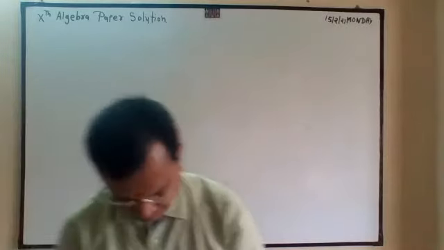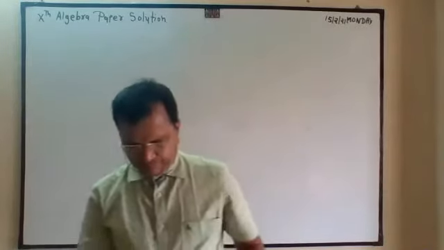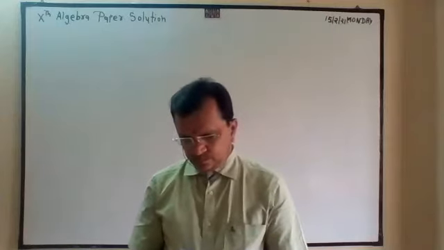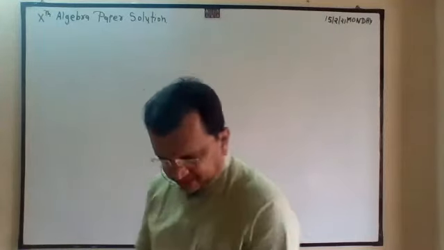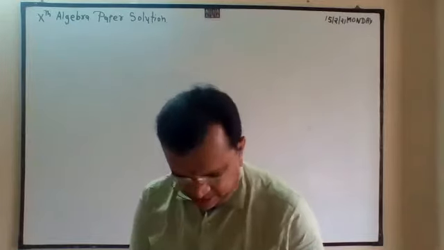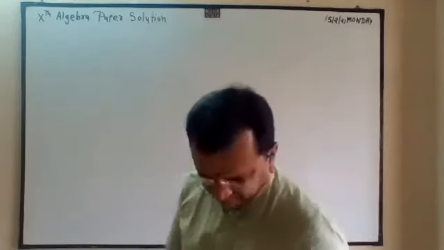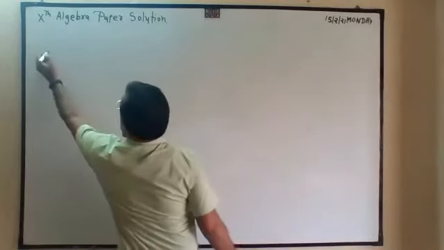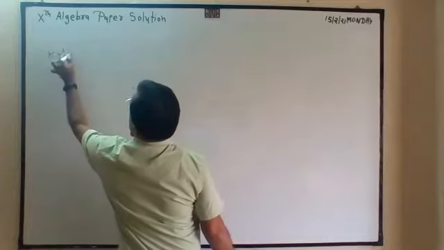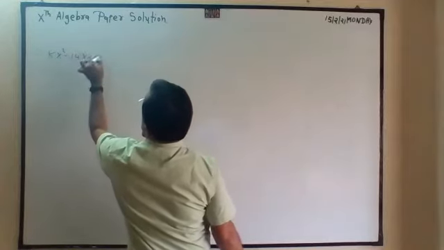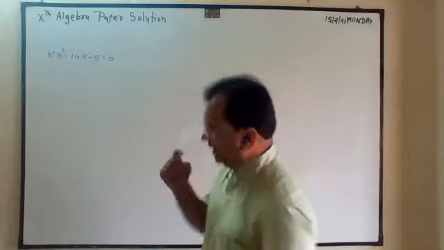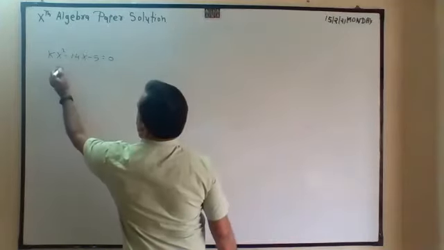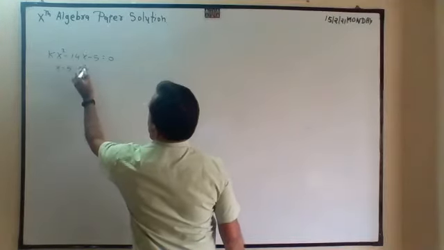Next. Mark this, very important. kx square minus 14x minus 5, and x is equal to 5.